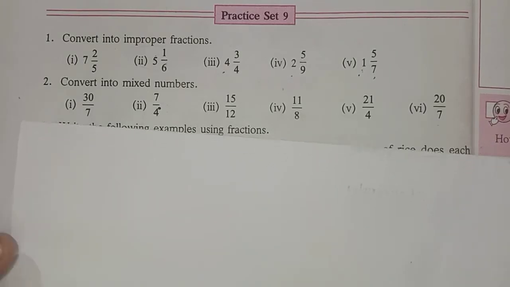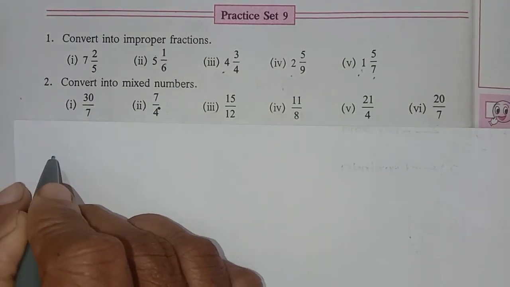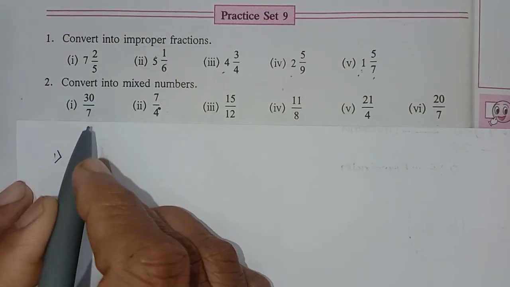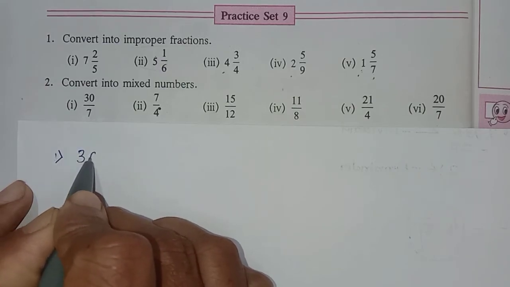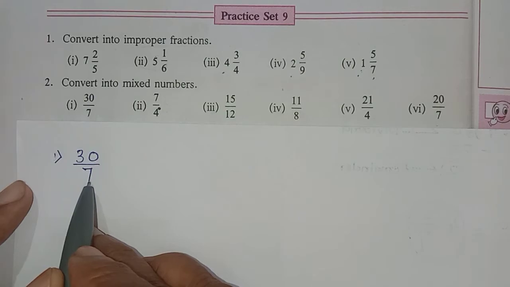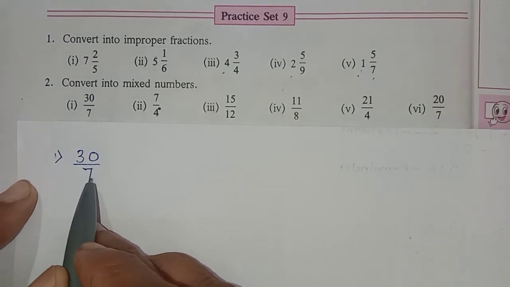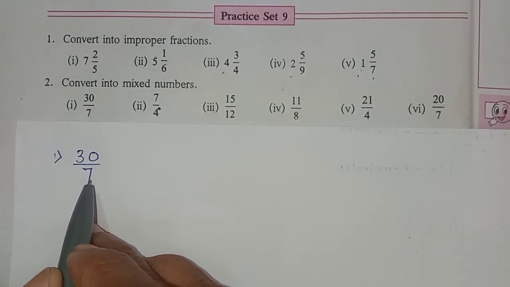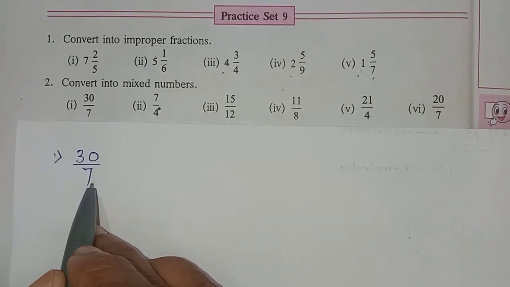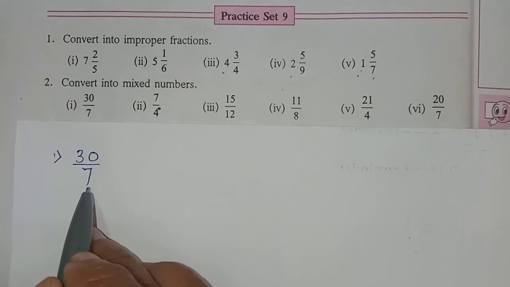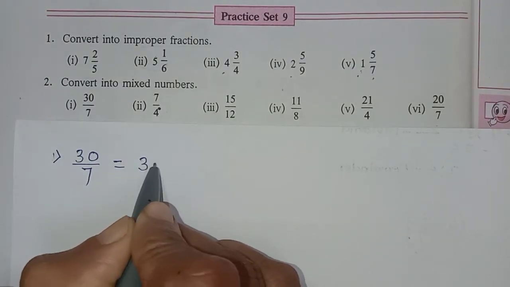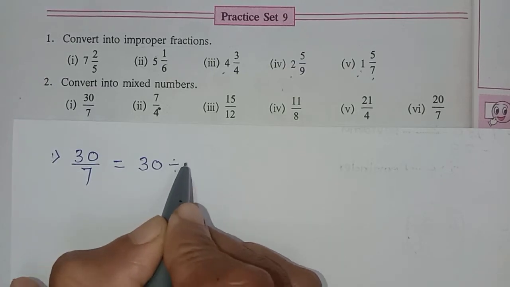So the first example is 30 upon 7. 30 upon 7 is an improper fraction. In an improper fraction, the numerator is always greater than the denominator. So we can divide 30 by 7.